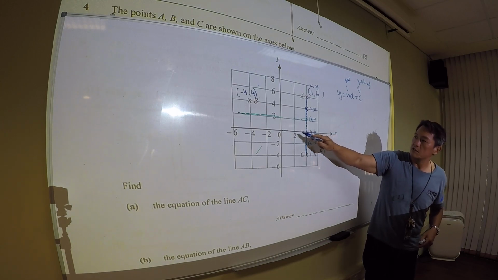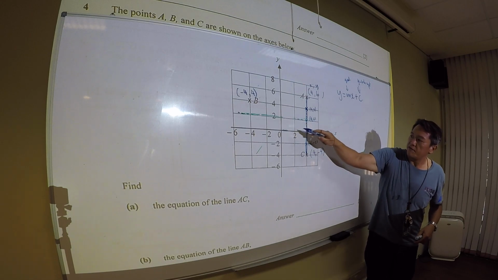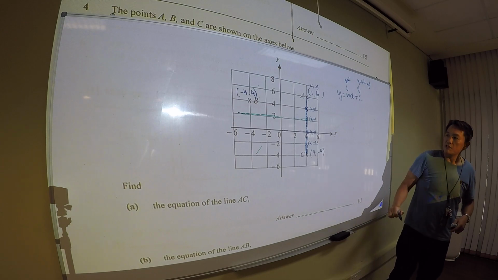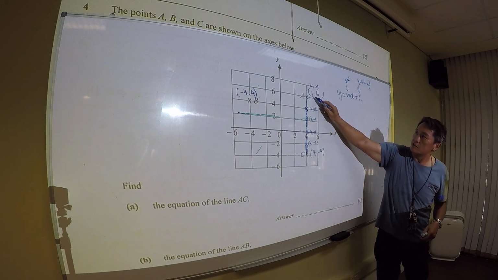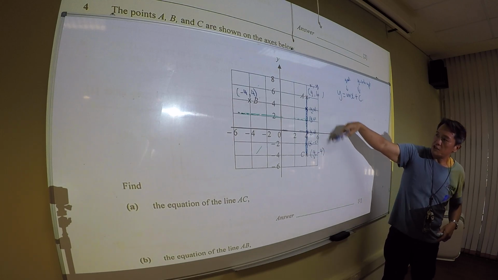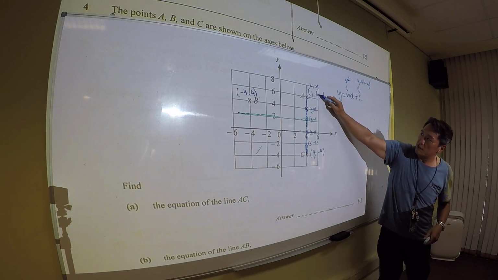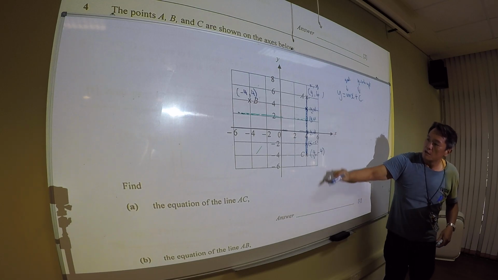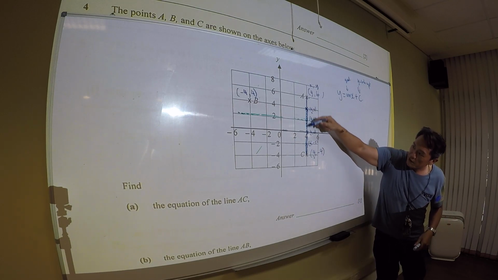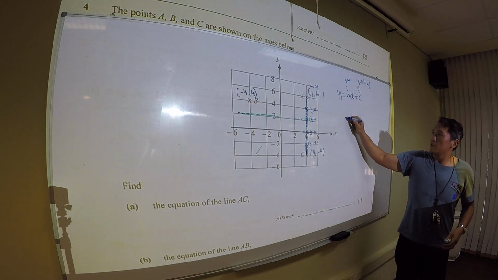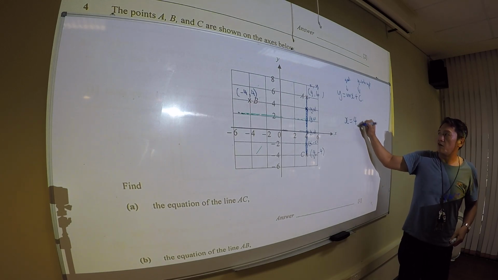The up-down is 0, the left-right is 4. So from all these points, there is one similarity: the x is always 4. The y can be changing. When it's higher, it is bigger. When it is lower, the number is smaller and smaller. But the thing that doesn't change is x. So for a vertical straight line, the equation we use to name it is x equals 4.